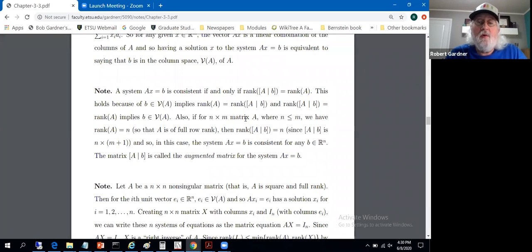So by adding vector B, if it's already in the column space of matrix A, we're not, in a sense, contributing anything new.